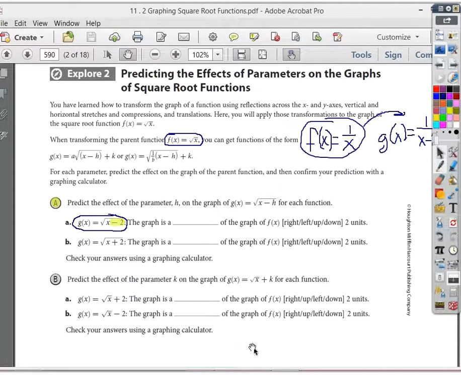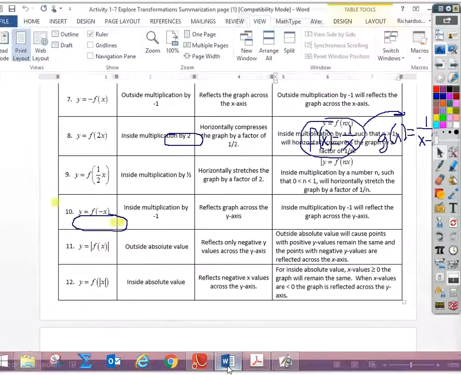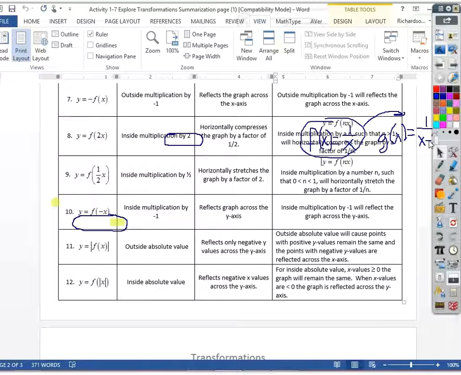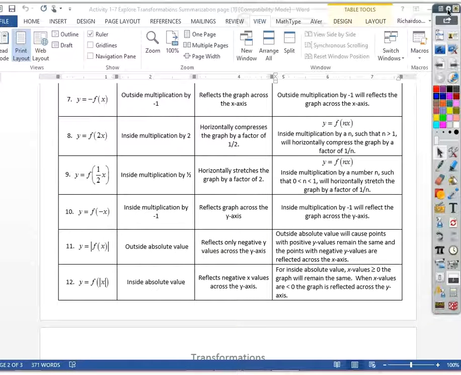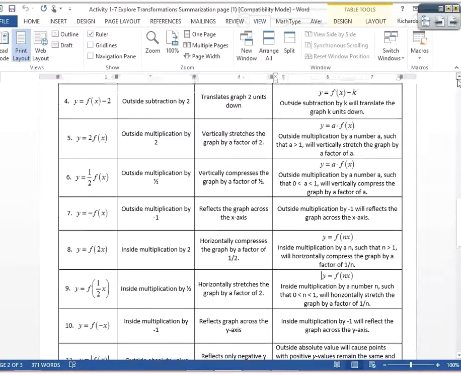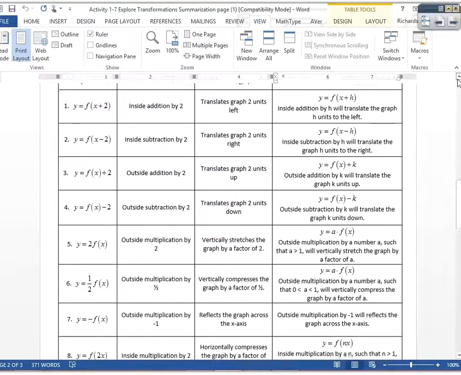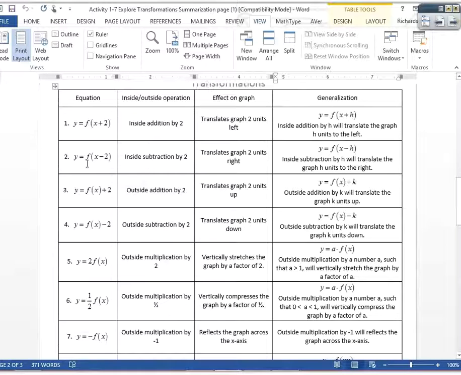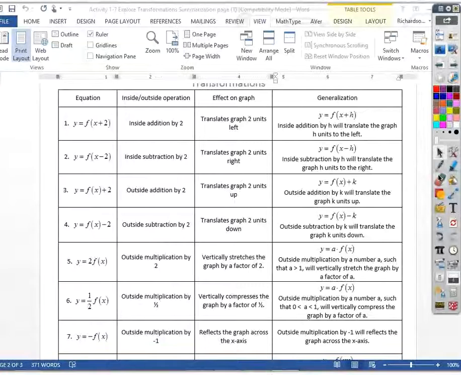This is where we would want to look at the transformations document and find this sort of transformation. I believe what we'd be looking at for this particular type of transformation is row 2, inside subtraction. Inside subtraction by 2 happens to match up with what we're looking at.